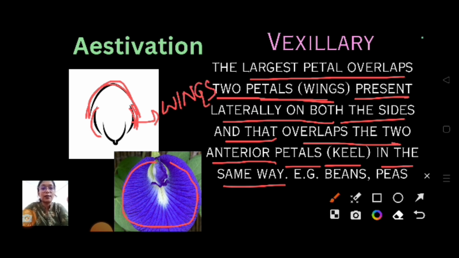W-I-N-G-S, wings. This is called the wings, and which is again covering up the jointed petals, which is called the keel. Is it clear? The anterior petal is known as the keel.